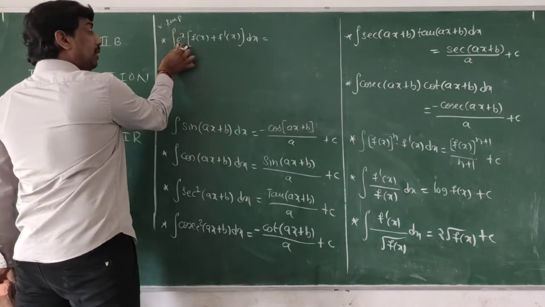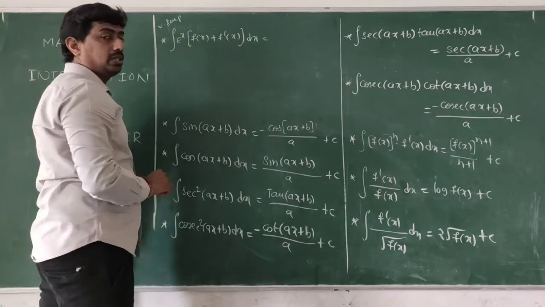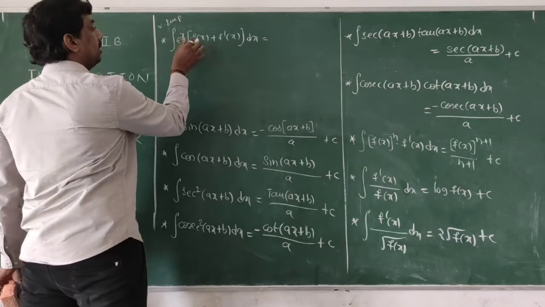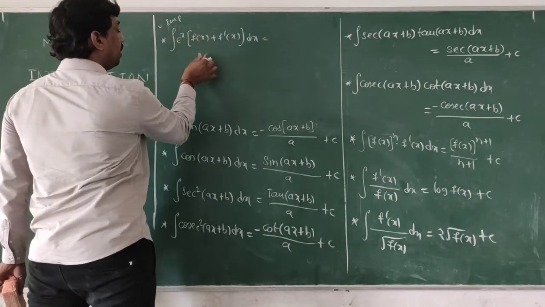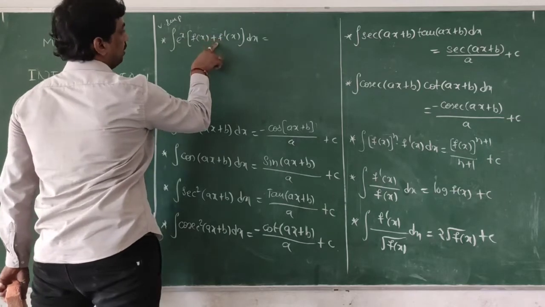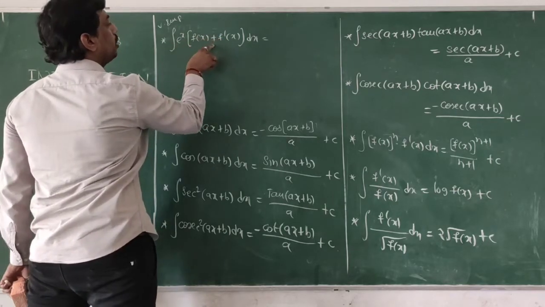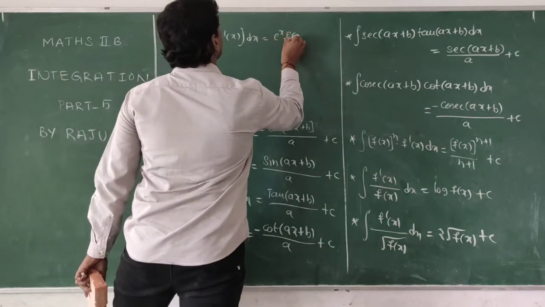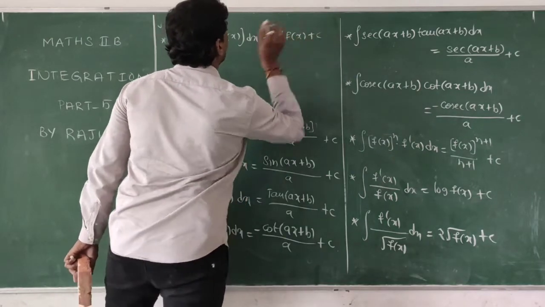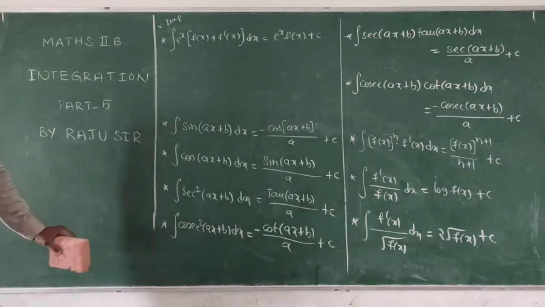Must and should, that one function lies in the bracket and that function's derivative as a sum, then the integration of e power x into f of x plus f dash x dx equals e power x into f of x plus c. These are very important formulas, right?